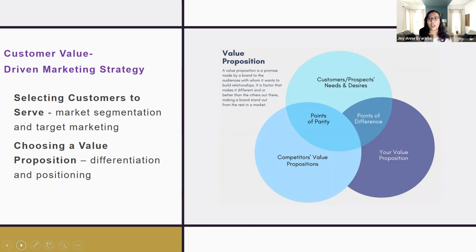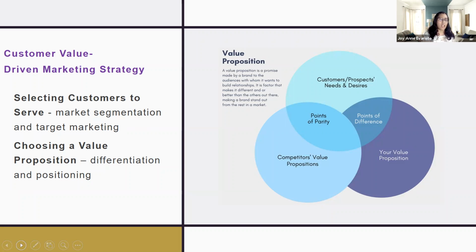Then we need to make our products available to our target customers, which is the place. And sorry, product price. After you create the product, you need to set the right price relative to the value that you are offering and relative to how your competitors price their products. So that is the four: product, price, place, and promotion.